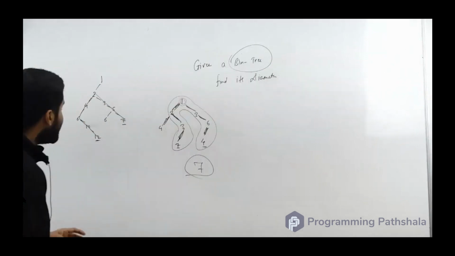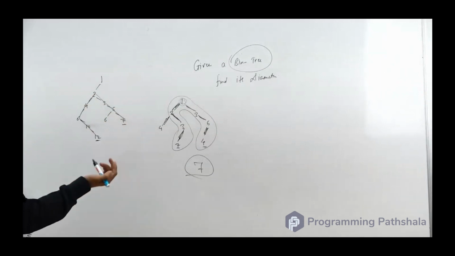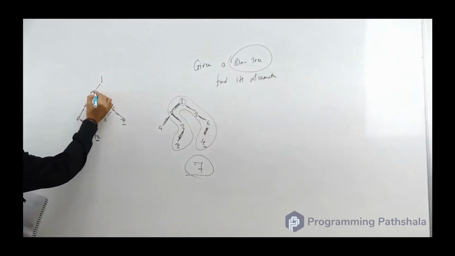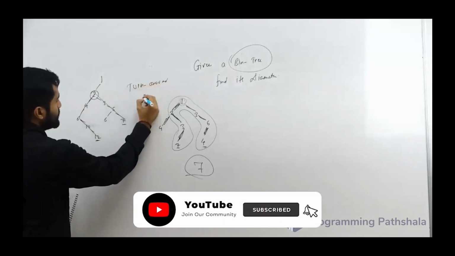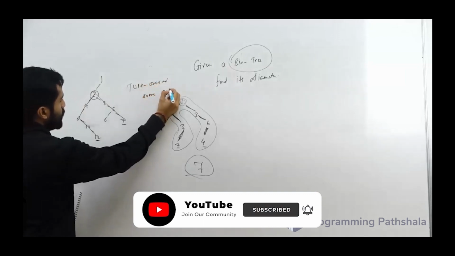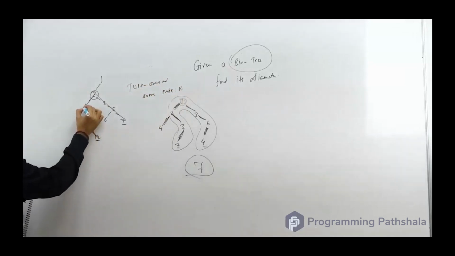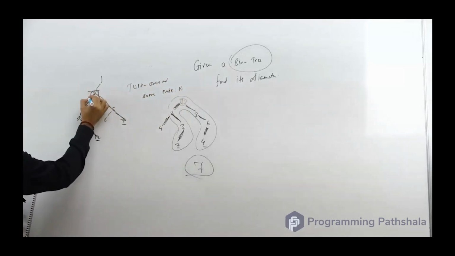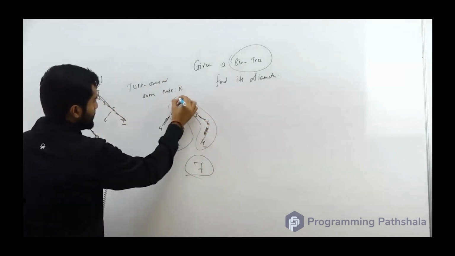See guys, can I say that the diameter will be a path which will take a turn around some node? It will take a turn around some node n. When I say turn around, like here it is taking a turn around this node, and in this example it was taking a turn around this node.